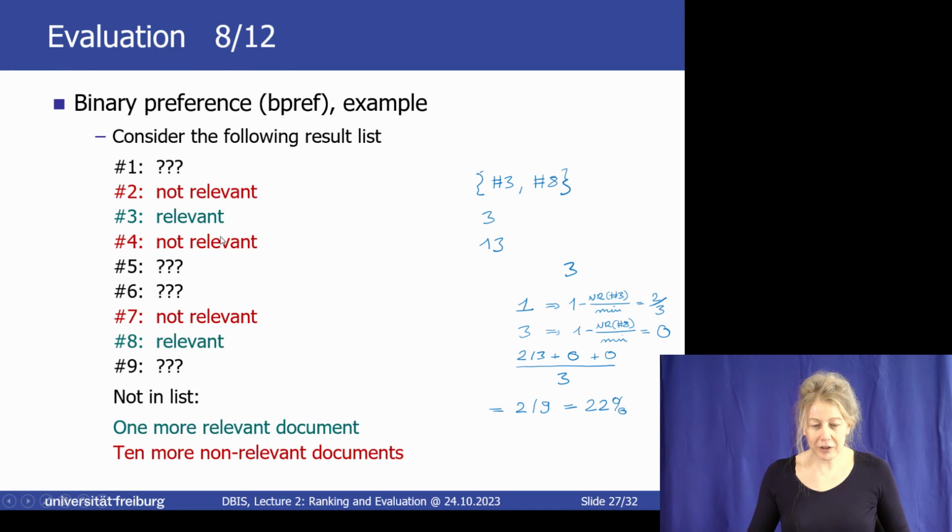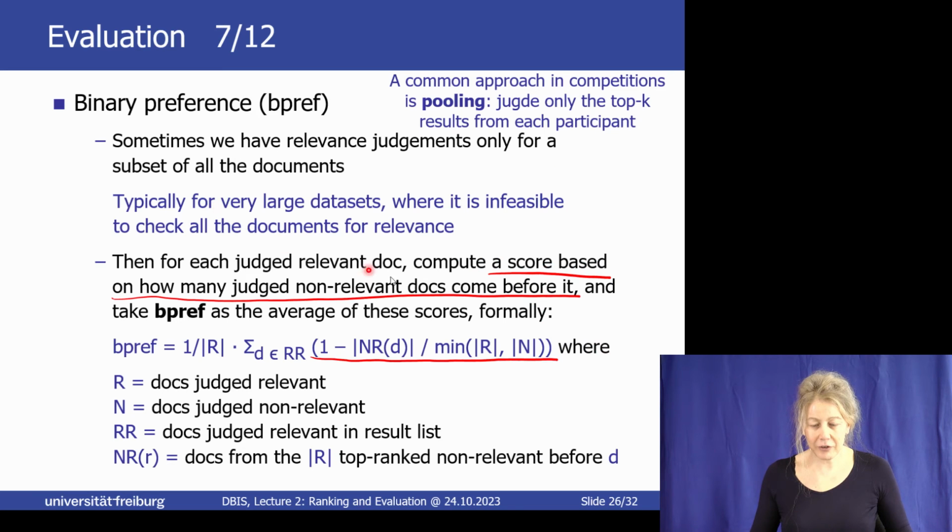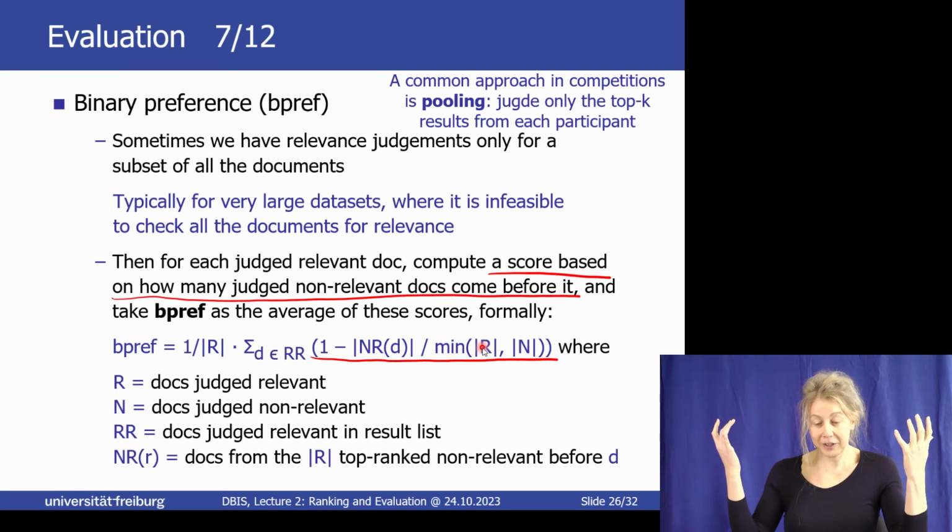That's what we did here. For this one, one non-relevant came before it, got a score of 2/3. For this one, 3 came before it, got a score of 0. So that's the scores you compute, and then you do it for all the relevant ones in your list, and then you divide by the number of relevant. It's just the average of these scores. It's actually a very simple formula once you understood it, but when you see it for the first time, it's like, what?